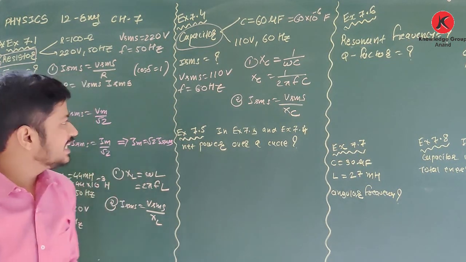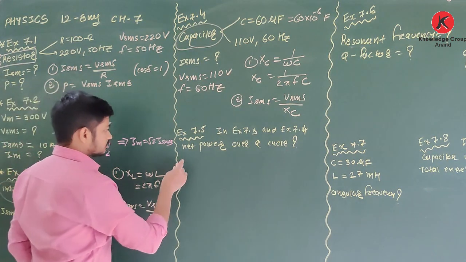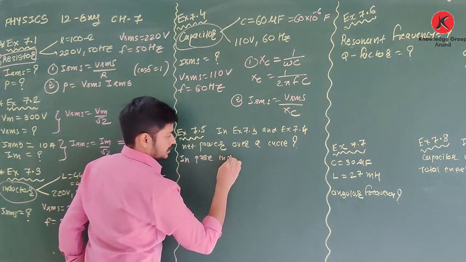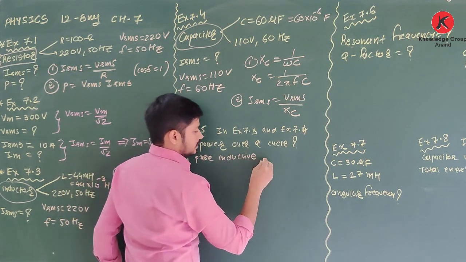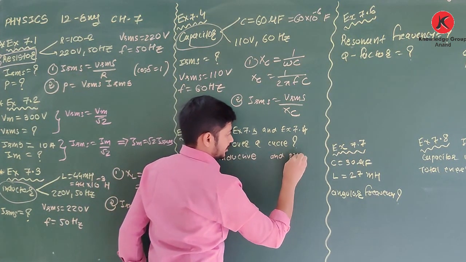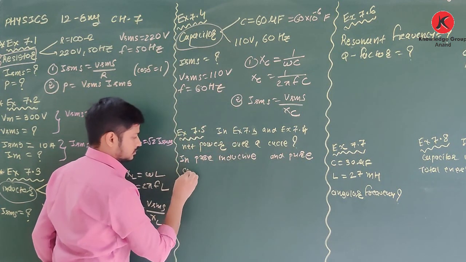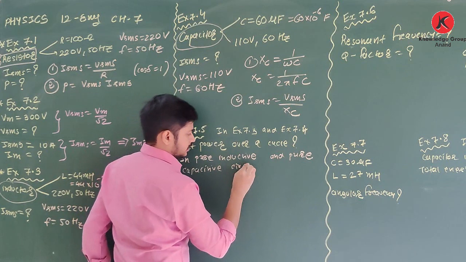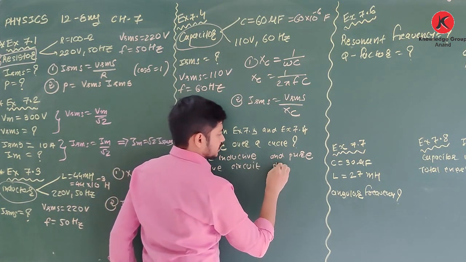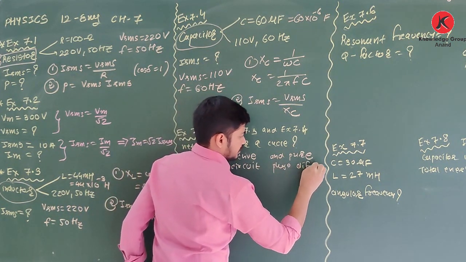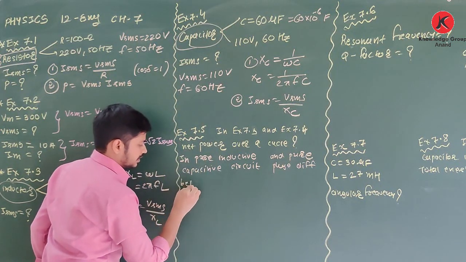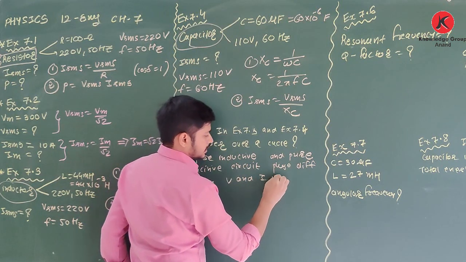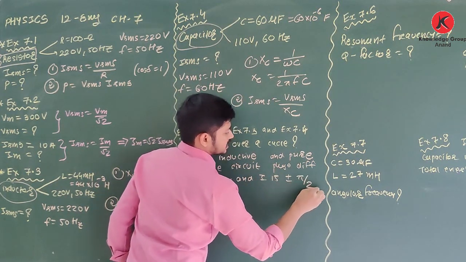Yes, we know that in a pure inductive and pure capacitive circuit, the phase difference between V and I is plus or minus pi by 2.